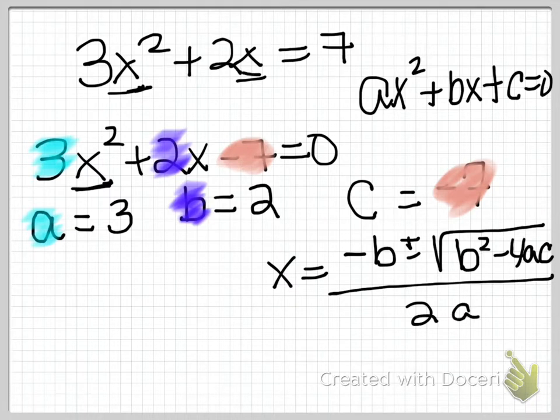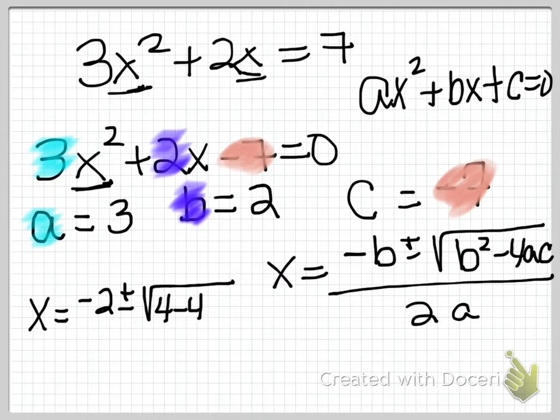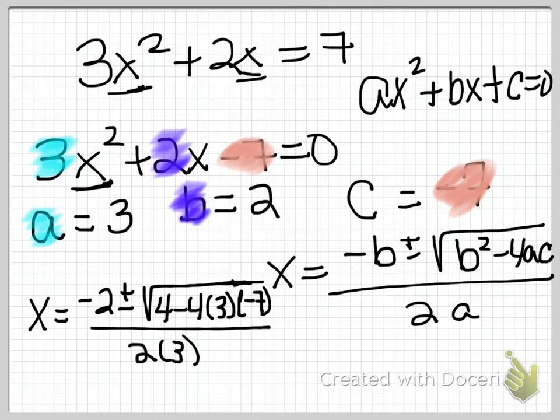So let's sub in and see what we get. b is 2, so x is going to equal a negative 2 plus or minus the square root of, what is 2 squared? It's 4, minus 4 times a, which is 3, times c, which is negative 7, don't forget that negative, all over 2 times 3.